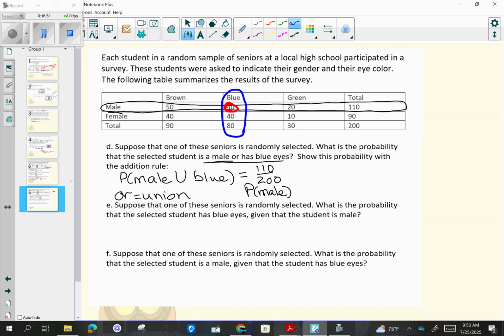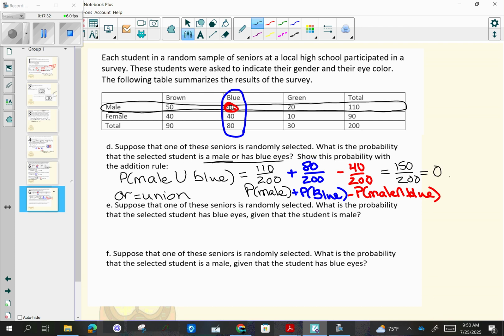If I then add the value from B, which was 80 out of 200, that was the probability of blue, I need to subtract out that intersection because the male intersect the blue number got added in there 2 times. At that point, you end up with 150 out of 200, which is 0.75.